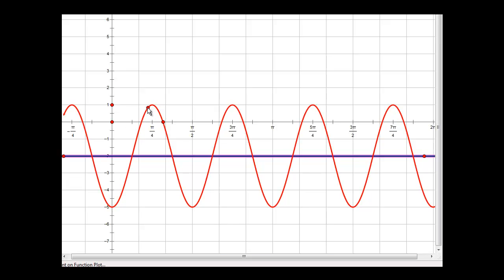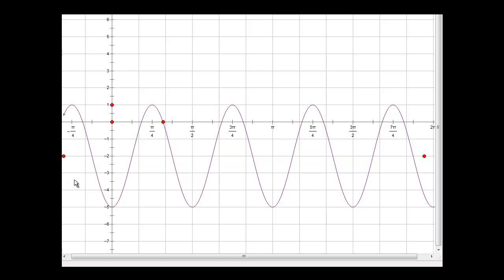Notice that if this were to be a sine graph, this point would normally be, if there was no phase shift, at x equals 0. So the phase shift is simply this distance right here. Let's go ahead and mark that distance for our phase shift. Our phase shift goes from here to here.